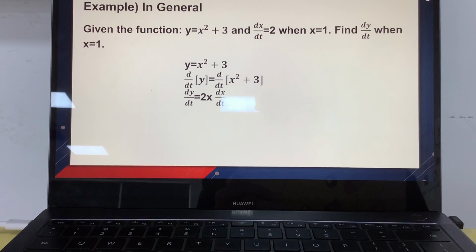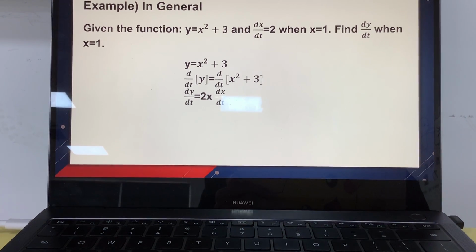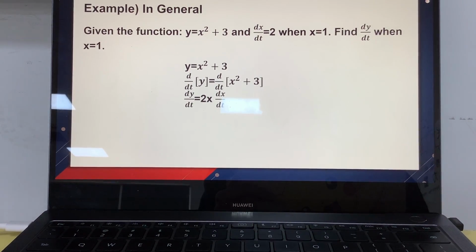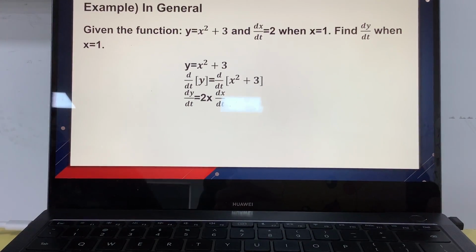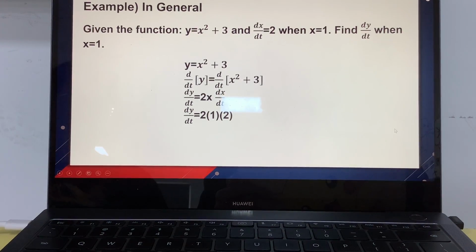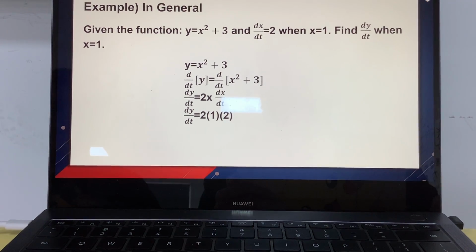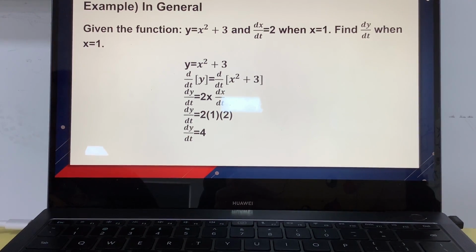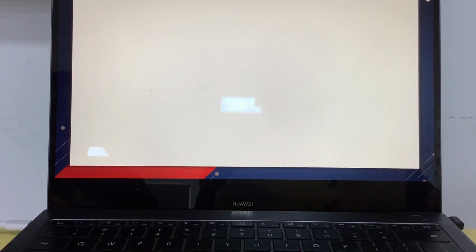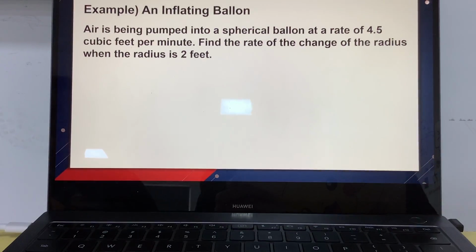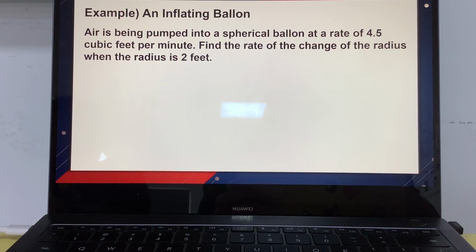So dy over dt equals 2x dx over dt, because of the derivative. So dy over dt equals 2 times 1 times 2. So we have dy over dt equals 4. That's easy, right?